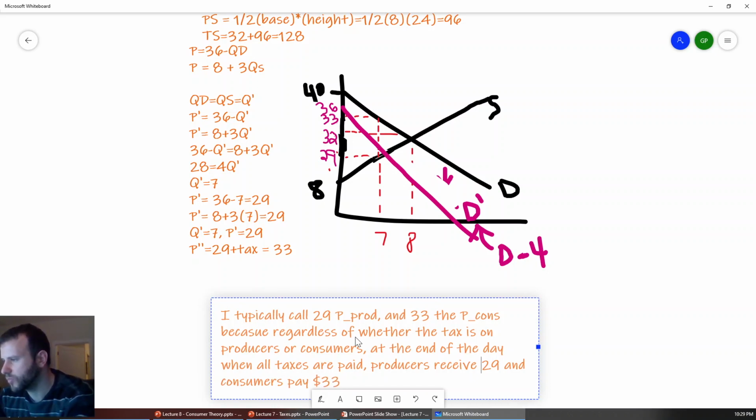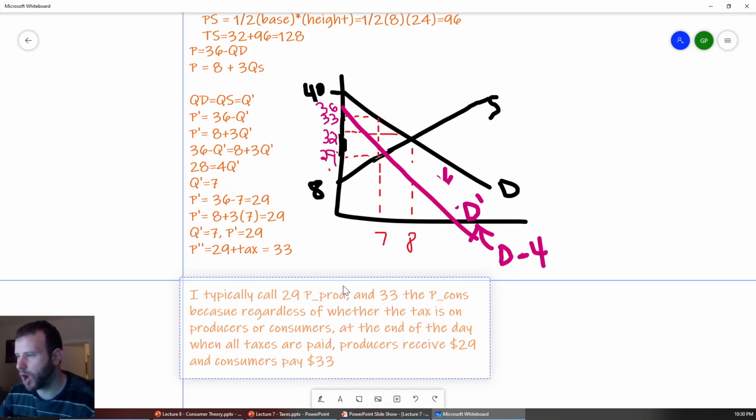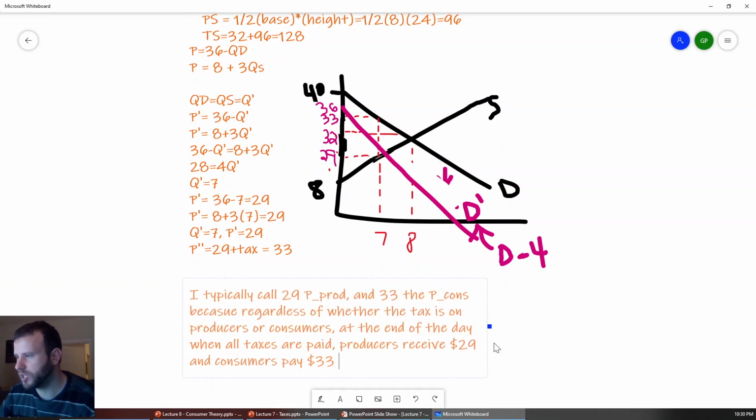Okay. So that's why 29 would be your P prod and 33 is P cons.